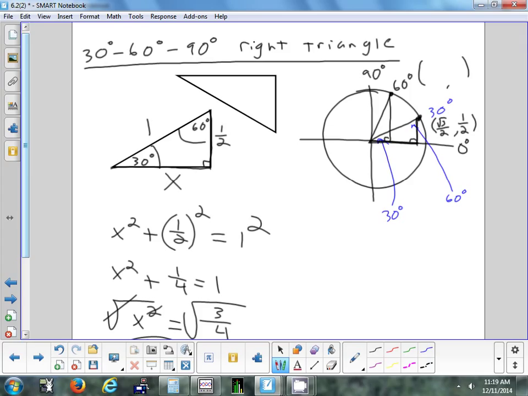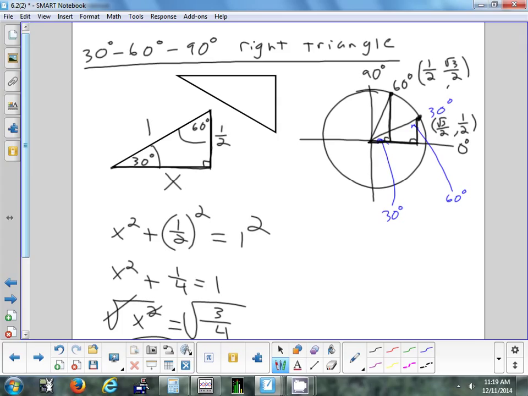Any thoughts on how my coordinate would change for a 60 now? It's just basically, yeah, so now your short side is a half, and the long side is square root 3 over 2. Okay? Any questions on that?